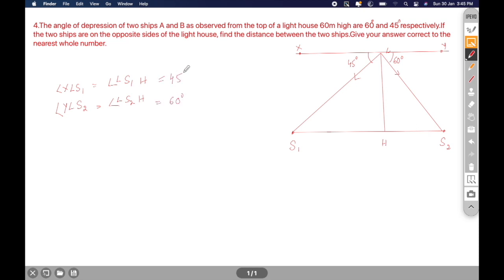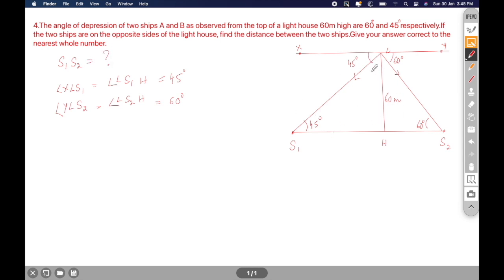So here this is 45 degree and this is 60 degree. The height of the lighthouse is 60 meter. We have to find the distance between the two ships, that is S1S2, to be found out.